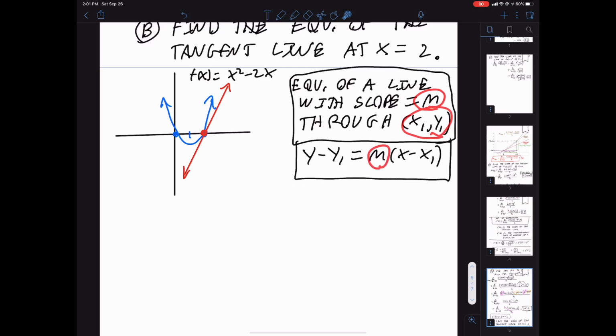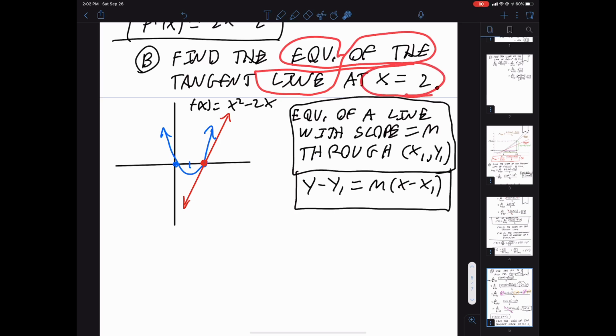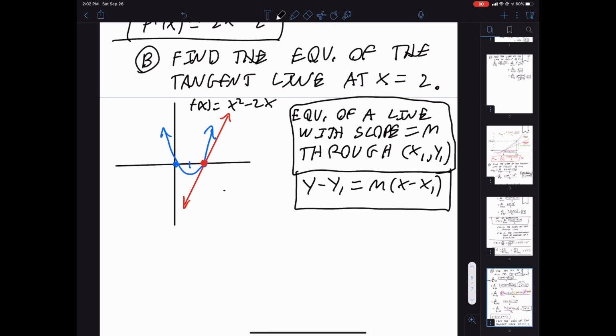So you need to know the slope and a point. In our example, do we have the slope and the point? Well, we're given the x-coordinate of the point of tangency, right? It says the tangent at x equals 2, so we know the x1 of the x1, y1.